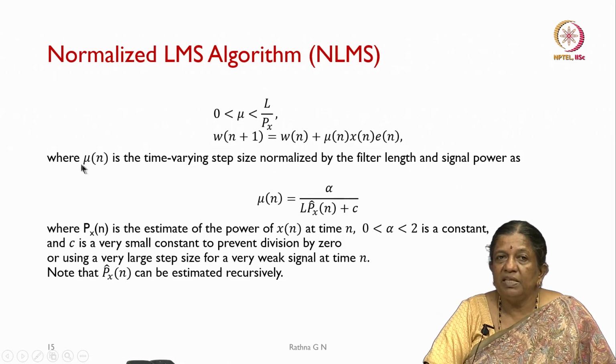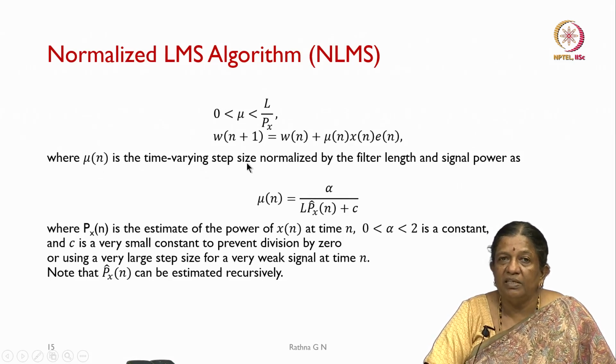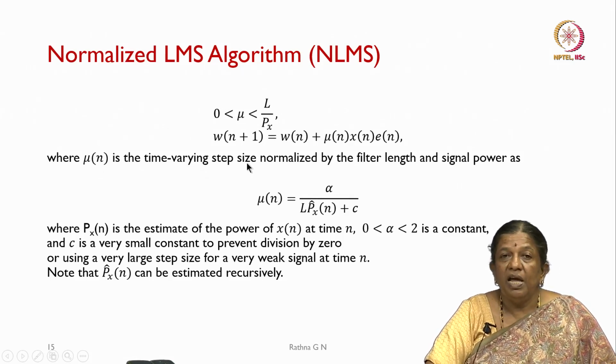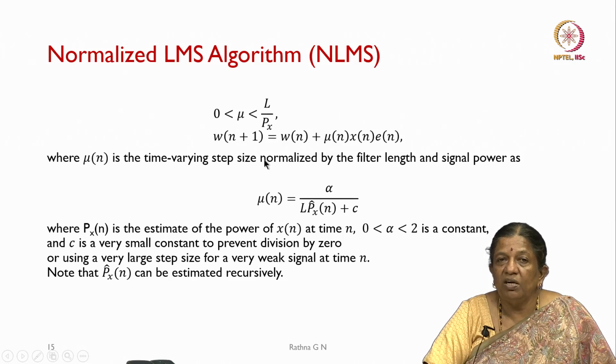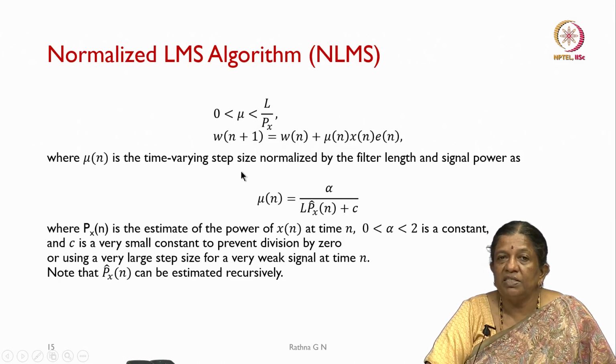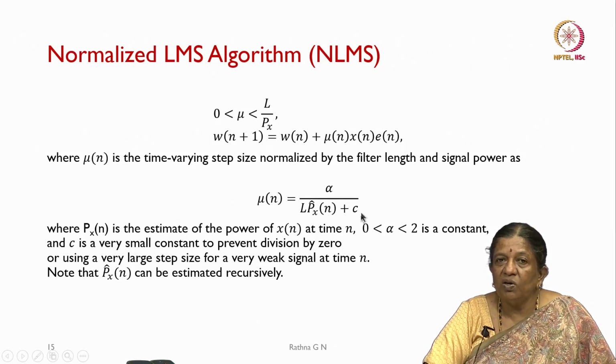You will be seeing that mu of n is the time varying step size one has to calculate; it is not pre-computed. As and when, depending on your input power, you will be calculating your step size, and then it can be normalized by the filter length and signal power, as mu of n is given as alpha, a constant, divided by L into Px of n plus some constant C, where Px of n is the estimate of the power of x of n at time n.